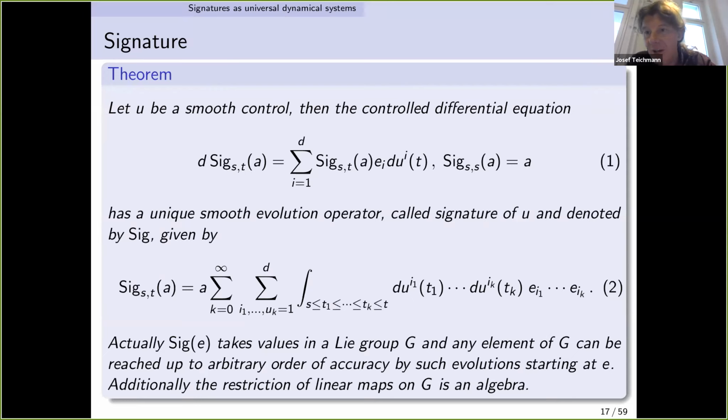We are in this algebra, we have linear vector fields, and we can prove that this system, number one, has a unique solution taking values in the algebra, and this unique solution can even be explicitly given. The explicit formula is: take the monomial e_{i1} multiplied up to e_{ik}, multiply the monomial by the iterated integral in the order i1 up to ik, and sum it up. So it's a formal power series with those coefficients.